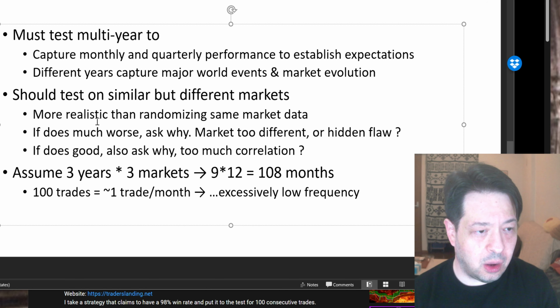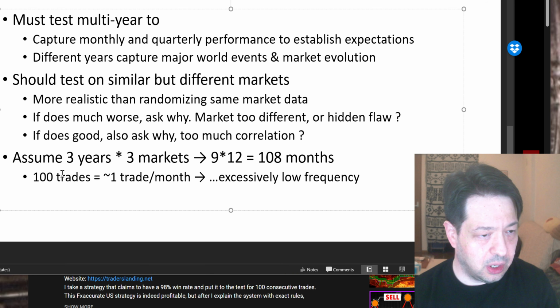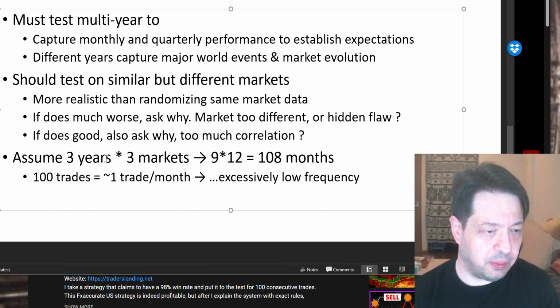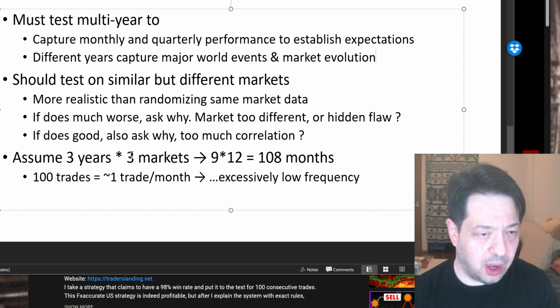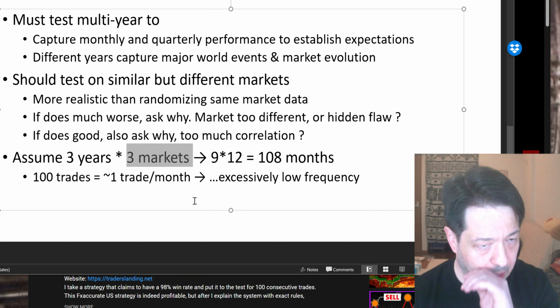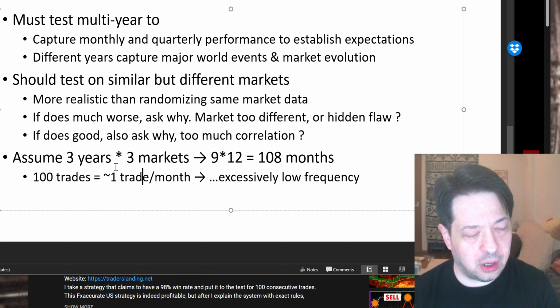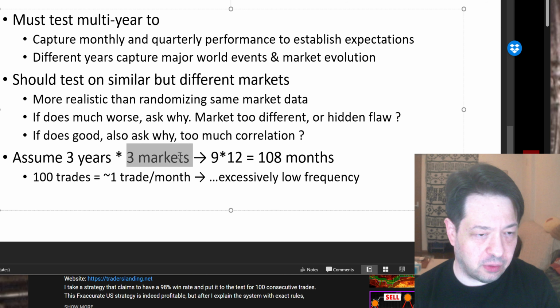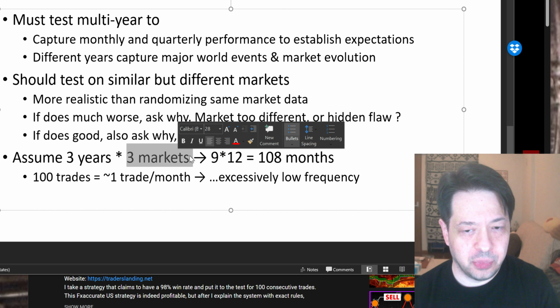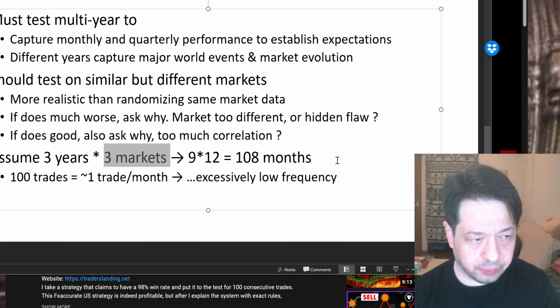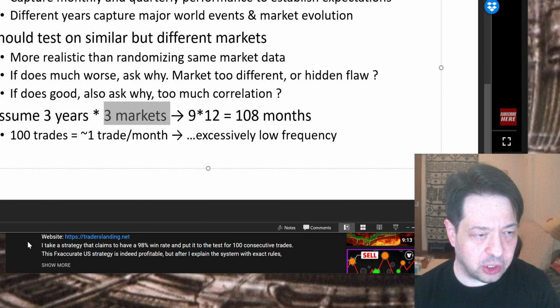So given that one should do multiple years, because different years can be completely different for each market, and then also do different markets, let's say that we take 3 years for 3 markets, which I would say is the very minimum. That will make 108 months, and that means that you pretty much have 1 trade per month.